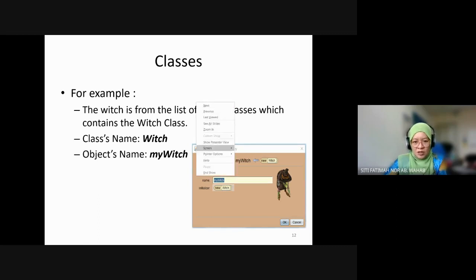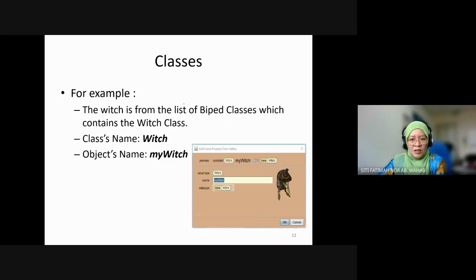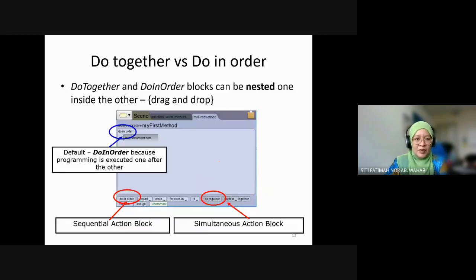Kenapa dia tak boleh tanda saya tak tahu. Okay, don't worry about that. So Biped class that contain the wish class. Make sure your object name is my wish ni. Okay, namakan dia my wish. Dah jarak dekat, the second word is start with uppercase letter.